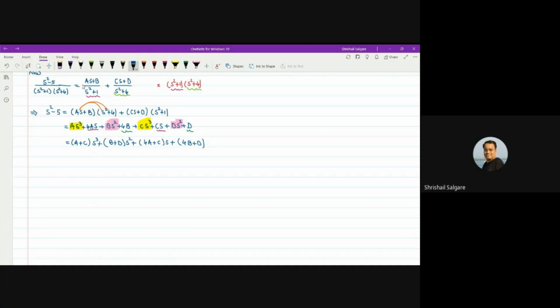Okay, fine. Equating the coefficients of s cube, s square, s and s raised to 0, then we will get, now one by one, A plus C equal to the s cube coefficient.